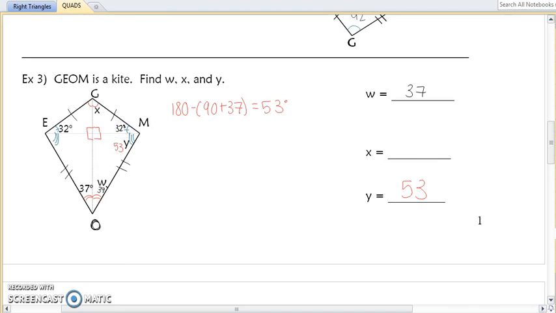If that's the case, we can again zone in on this top triangle, right? Angle, angle, angle, all of those angles must add to 180 degrees. So 32 plus x plus 90 equals 180. We combine those like terms, and we get x is equal to 57.